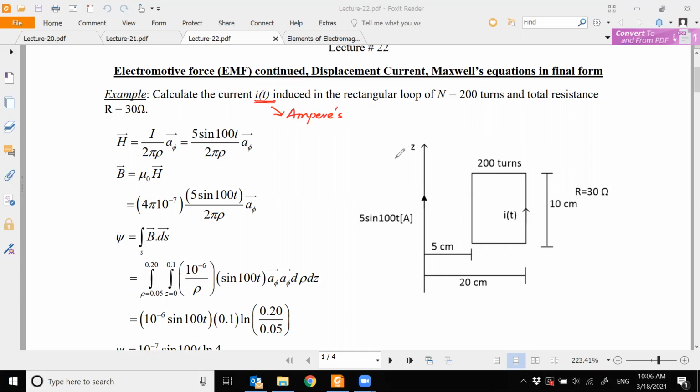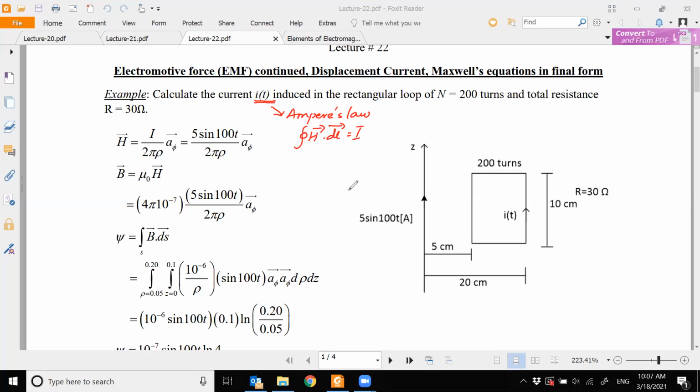And it is totally fine, because this is what comes to students' minds, that this is Ampere's law, the current enclosed. But here, putting it in Ampere's law in the loop and finding this is not so straightforward. It's not so easy. Then you have to go for the next approach.